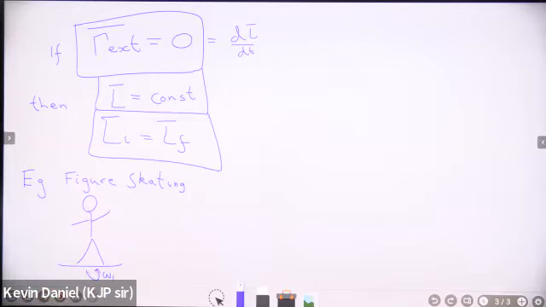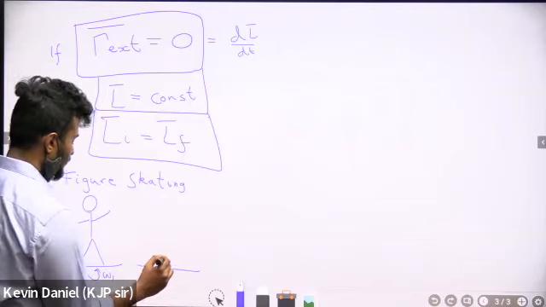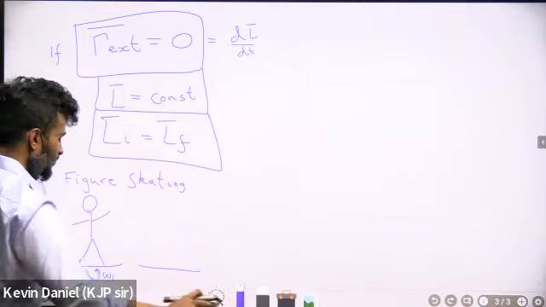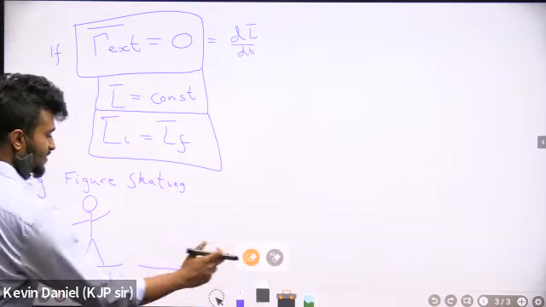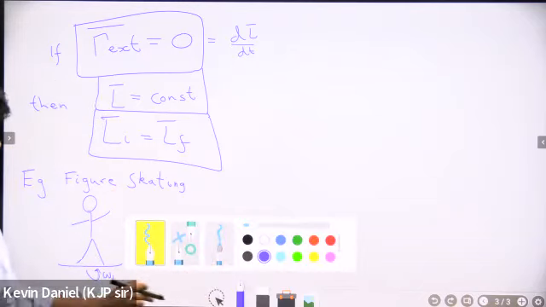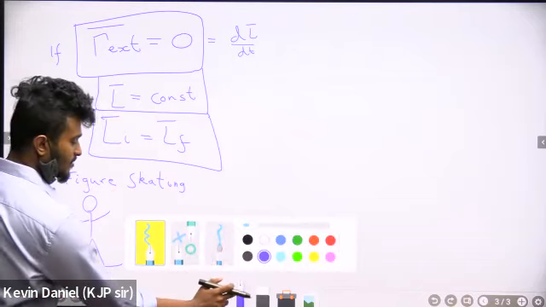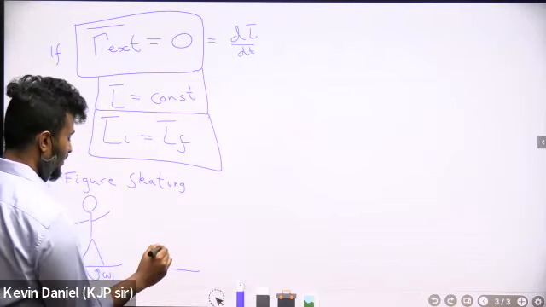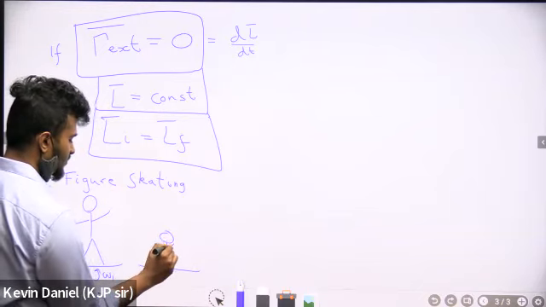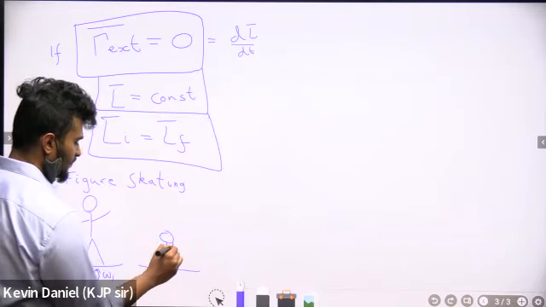But then they pull their arms inwards. First the hands are extended, then they pull their hands inward. They even try to shrink, although the shrinking makes no difference, but they essentially fold their hands.